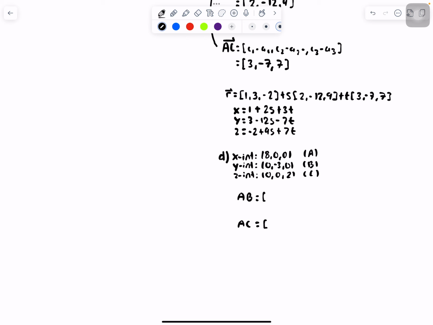So I'm going to subtract the components of the points going in the opposite direction as before. So B1 minus A1, B2 minus A2, B3 minus A3. And same deal here. We have C1 minus A1, C2 minus A2, C3 minus A3.